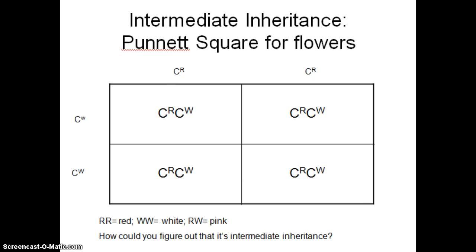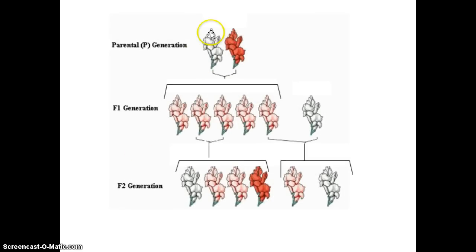And if we were to look at something like this, here is our white flower, so this would be CW/CW. This is our red flower, CR/CR. Here are all the pink flowers that it makes. So this is the parental generation. This is the F1, filial 1 generation.